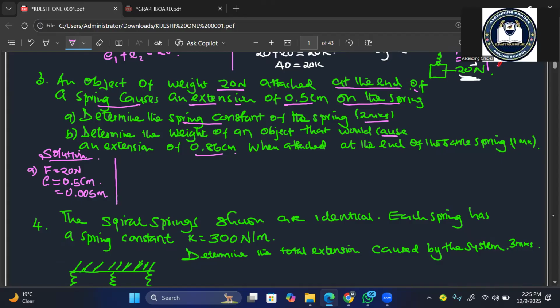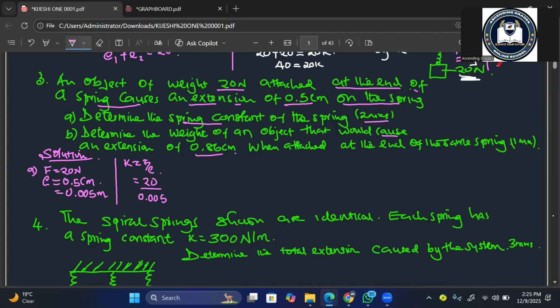We know that spring constant is given by force over extension, and therefore our force is 20. Then you divide by 0.005.